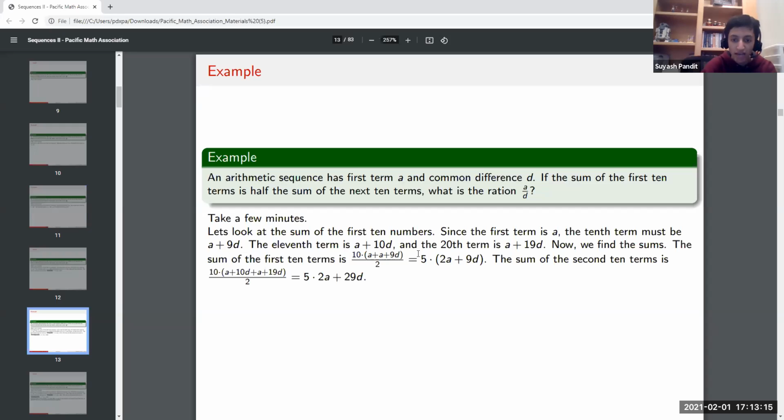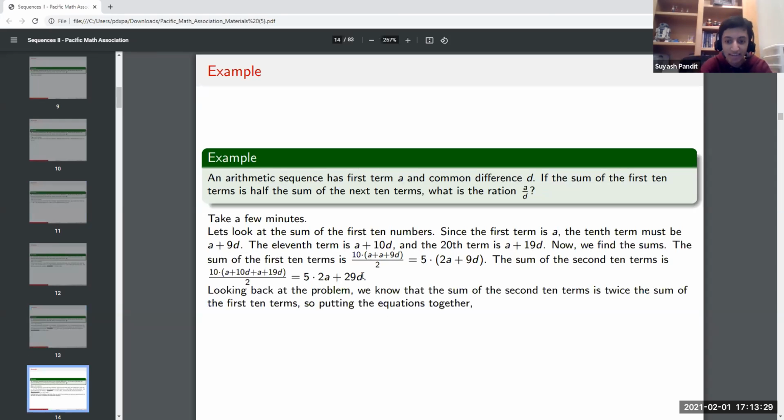So the sum of the first 10 terms is 5 times the quantity 2A plus 9D. And the sum of the next 10 terms is 5 times, this should be parenthesized, 2A plus 29D. Sorry, typo there. Now we know the relationship: this is 2 times this.